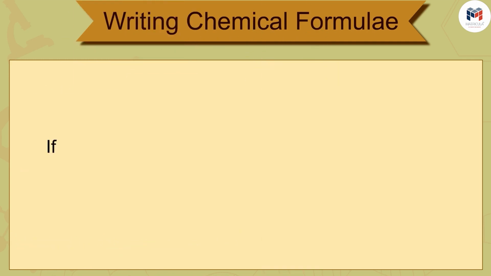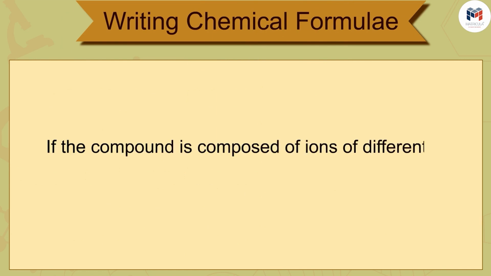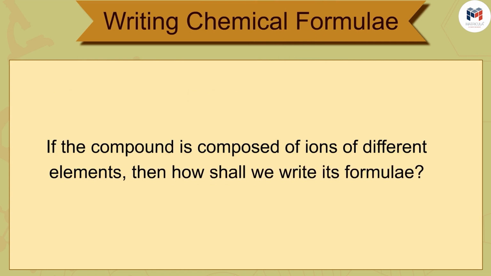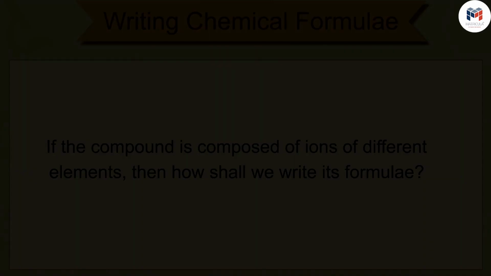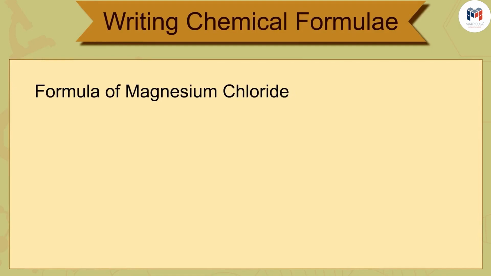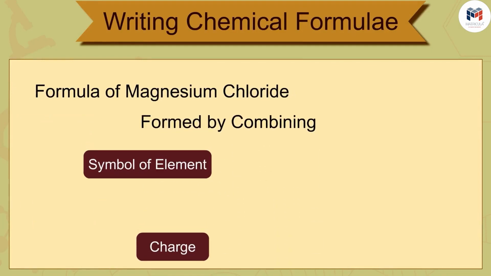But if the compound is composed of ions of different elements, then how shall we write its formulae? Let us understand this by an example. Magnesium chloride compounds are formed by combining magnesium Mg2+ and chloride Cl- ions.